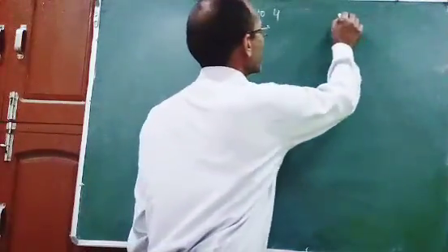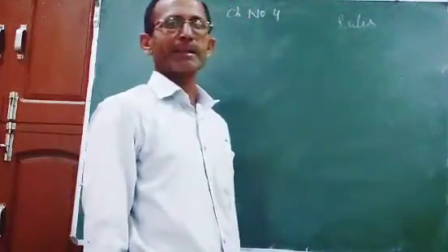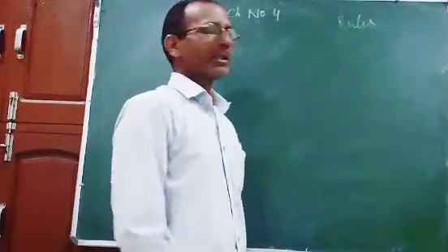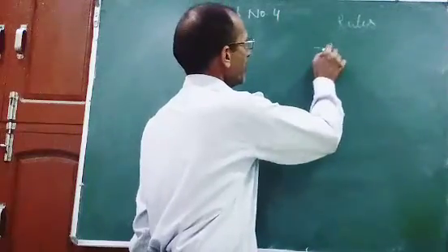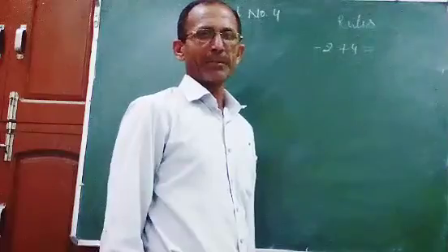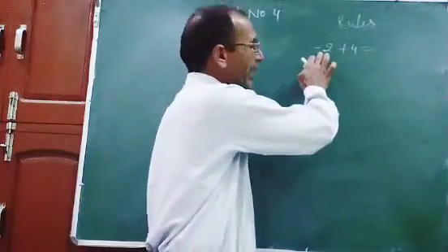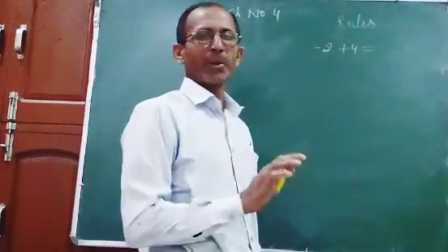The rules of addition you already know; I think you did them in class 6. So, minus 2 plus 4. Now we have to add them. Addition means we will not add directly. We have to keep the signs in mind according to the rules.